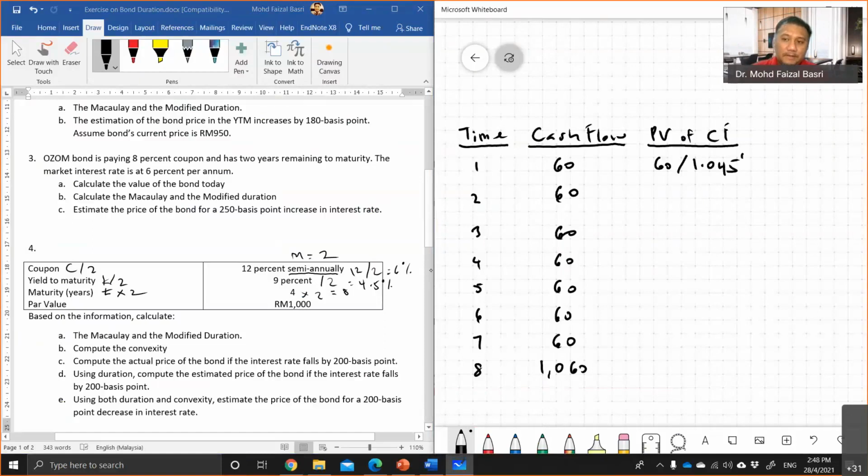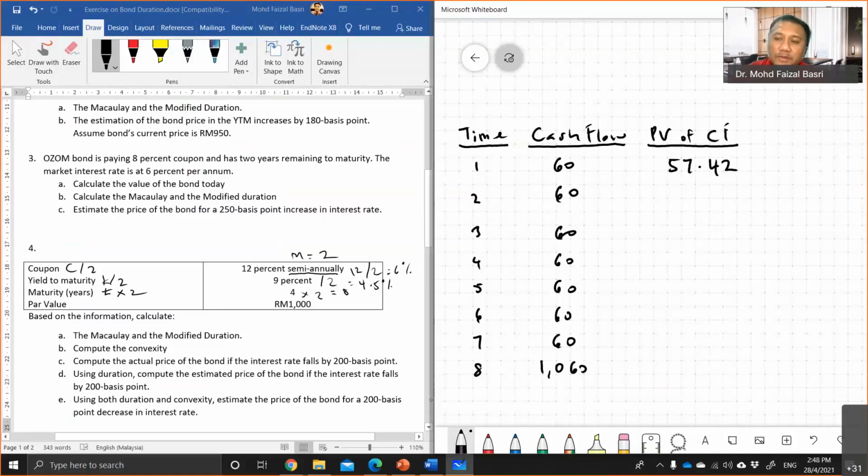So 60 divided by 1.045, you're going to get 57.42. That is 57 ringgit and 42 cents.